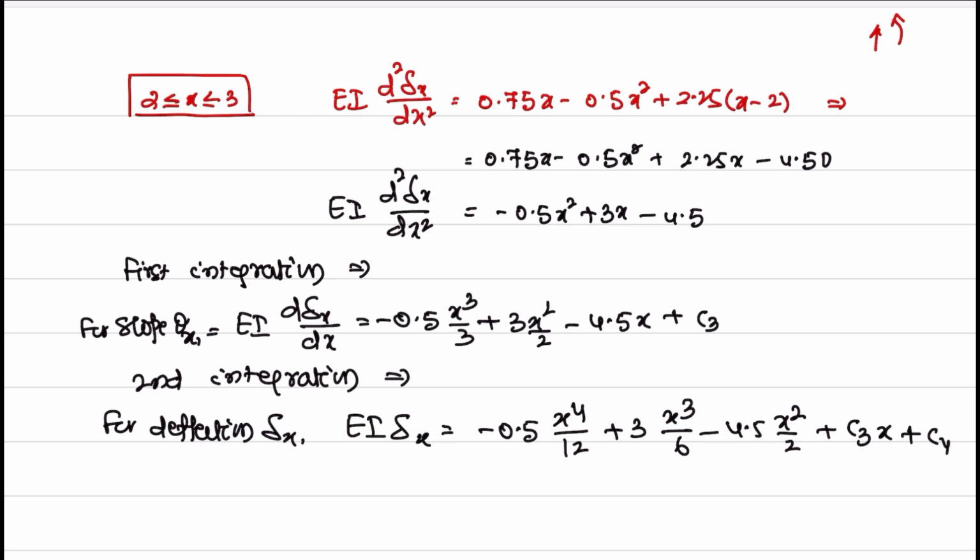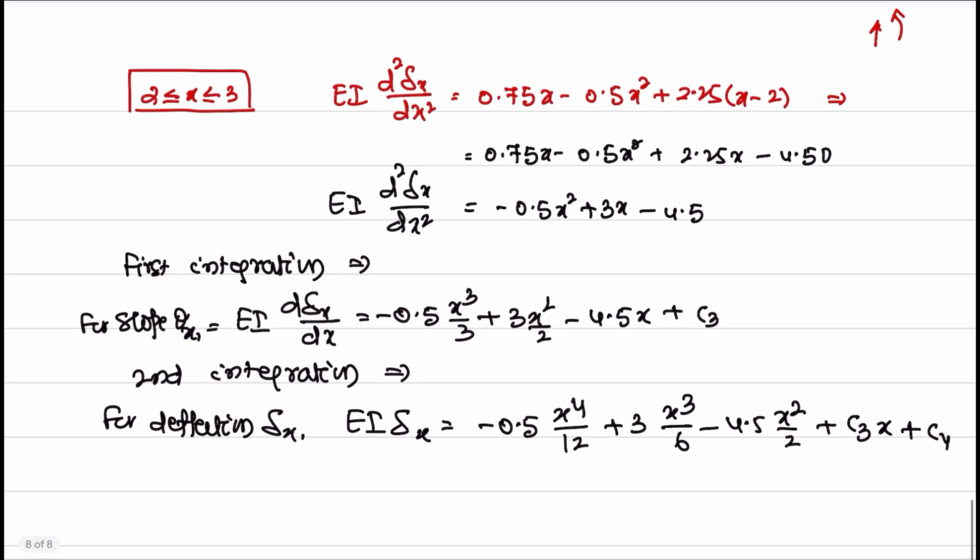These are the two equations where by using the boundary conditions we have to find the integration constants C3 and C4.